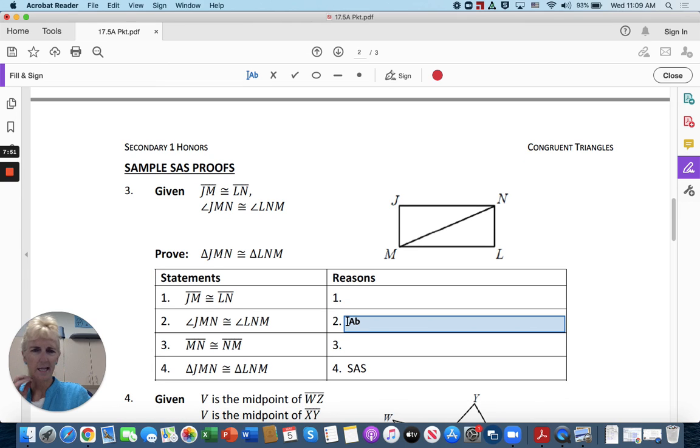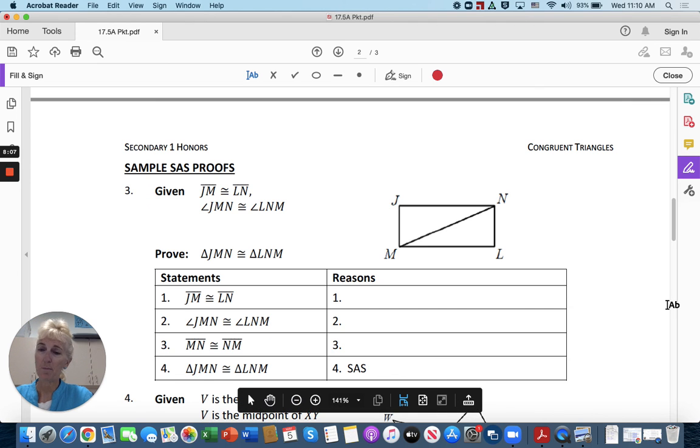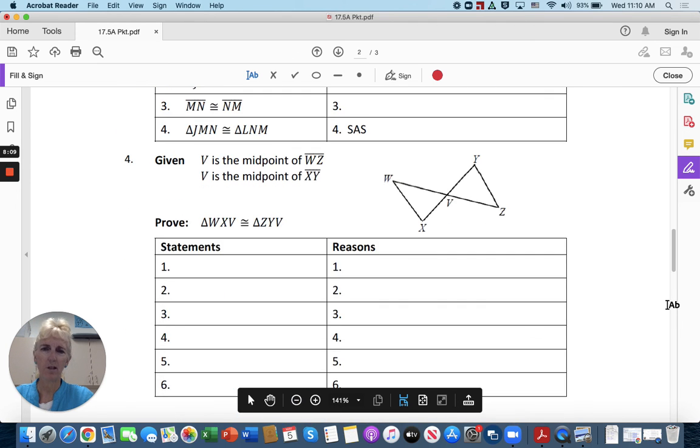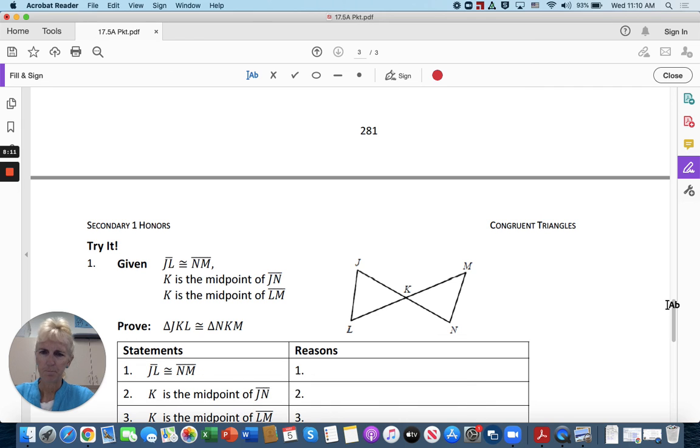Oh, bisecting, make sure you know that bisecting means cutting in half. So if an angle is bisected, you know that it's going to form 2 angles that are the exact same measure. And the same with midpoint, knowing that it's halfway through, then you should be able to get this.